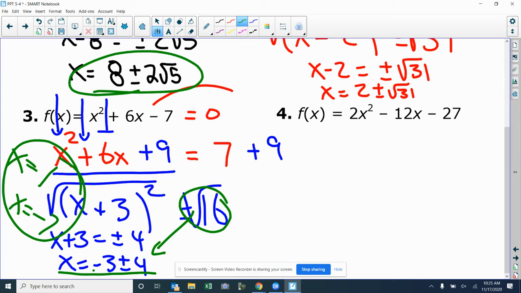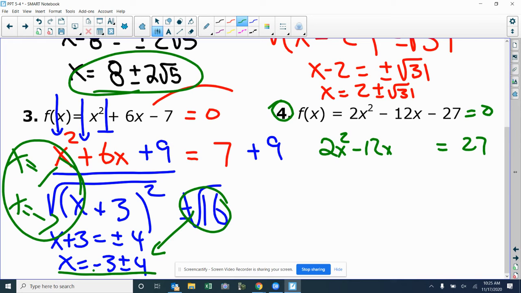All right, knock out that last one, number 4. Set it equal to 0. That's going to be positive 27 when we take it to the other side. Now, this one has another step. What do we have to do next?